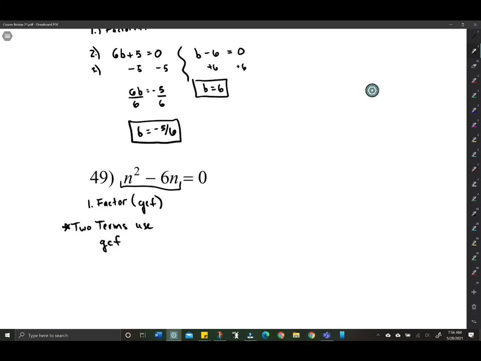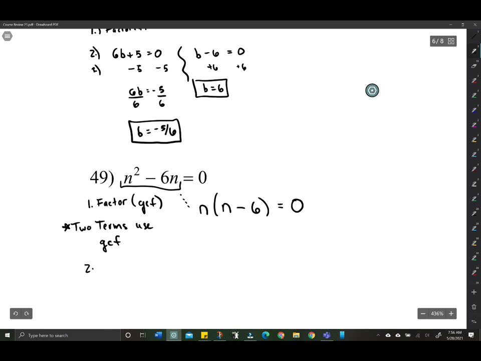So, n squared and negative 6n, what do they share? They each share an n, so we bring that out, and that leaves you with n minus 6. And it's equal to 0. So that is the factored form.